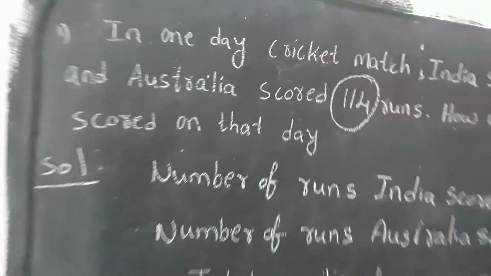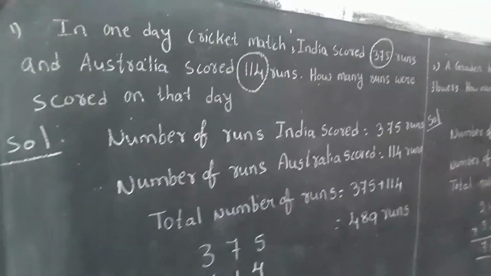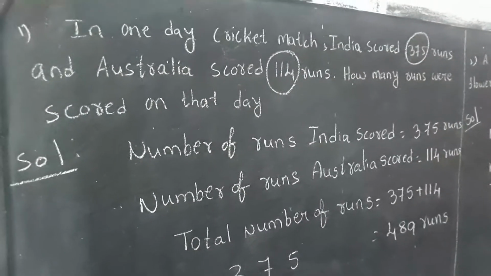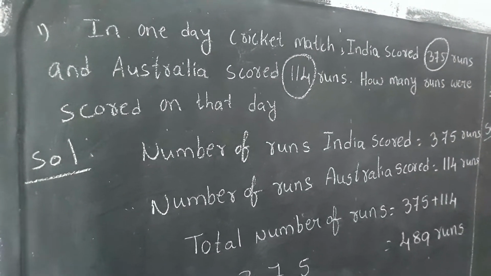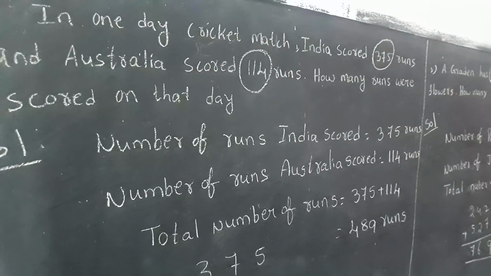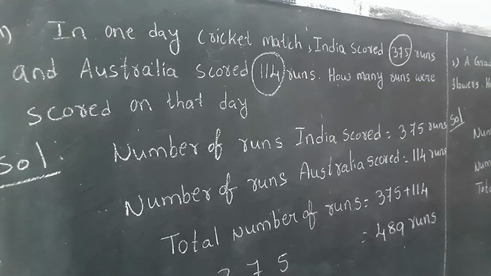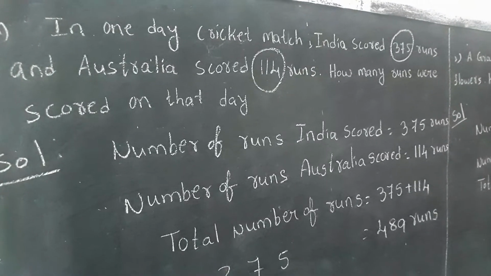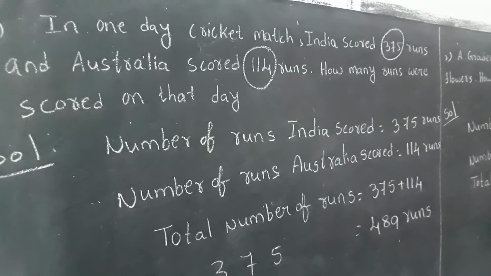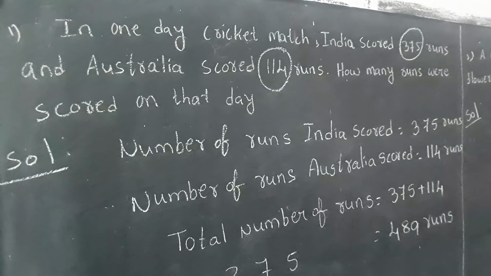In the first question, the number of runs India scored is 375 runs, and the number of runs Australia scored is 114 runs. Then he is asking the total number of runs the two countries scored.